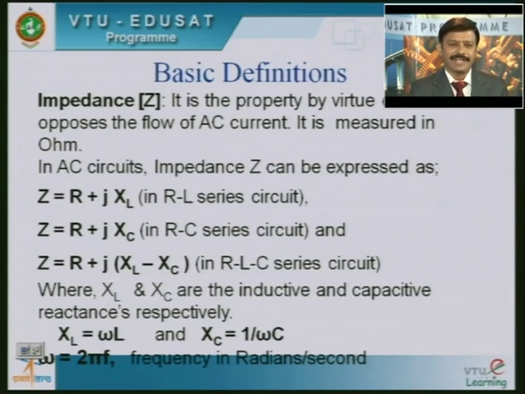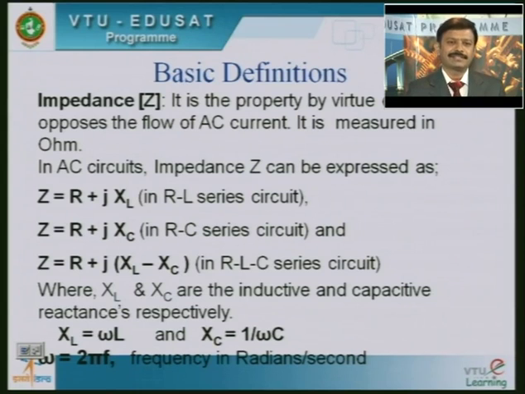Resistance and reactance are perpendicular to each other in an RL series circuit. In an RC series circuit, Z is equal to R plus jXC, and in an RLC series circuit, Z is equal to R plus j into (XL minus XC), where XL and XC are the inductive and capacitive reactances respectively.